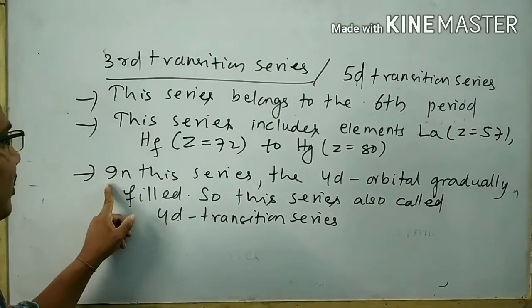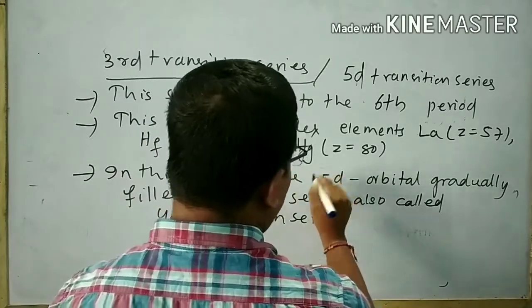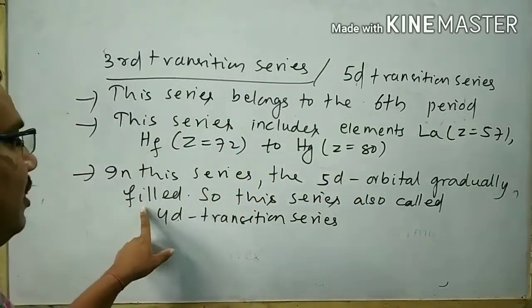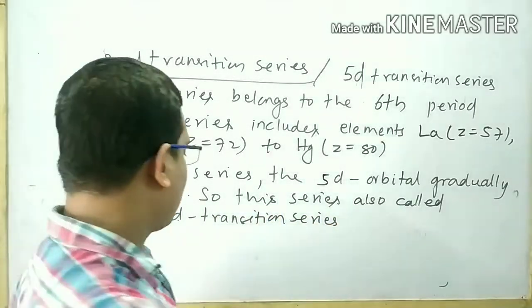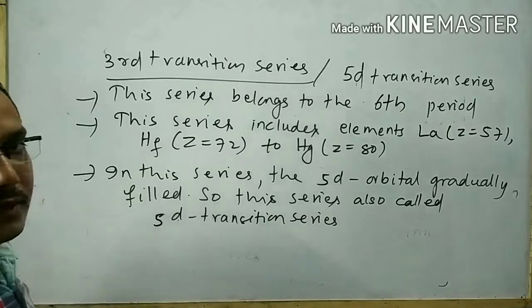And the third point is that in this series the 5d orbital is gradually filled. So this series is also called 5d transition series.